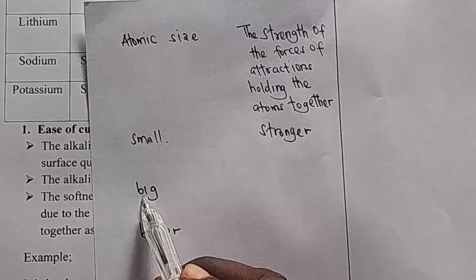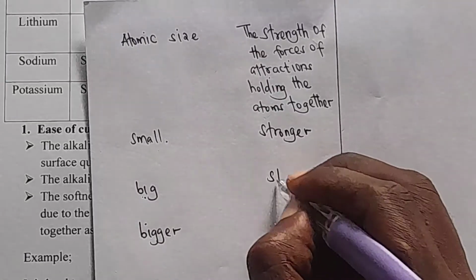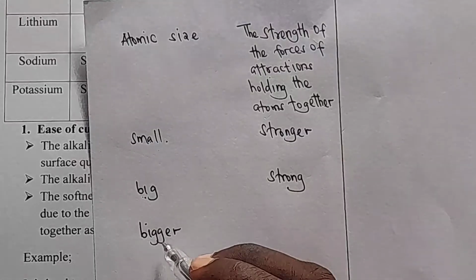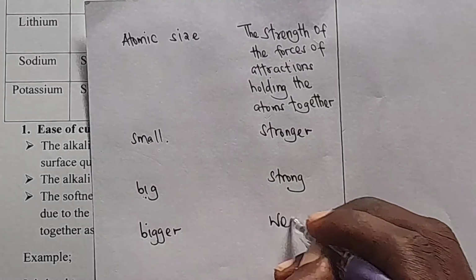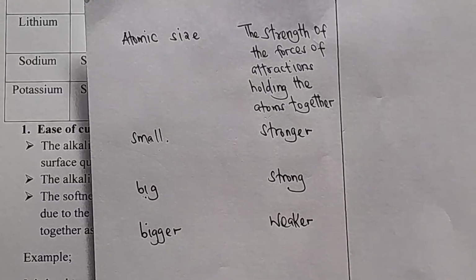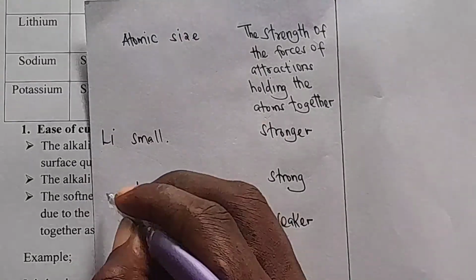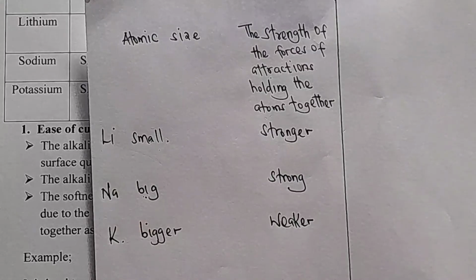Sodium, which has a bigger atomic size, is going to have weaker forces. Potassium, having a bigger or larger atomic size, has an even weaker force. So this is for lithium, Li, this is for sodium, and maybe this is for potassium.